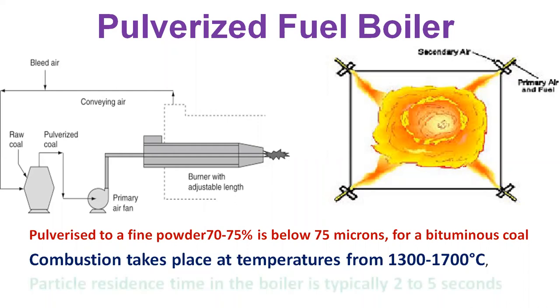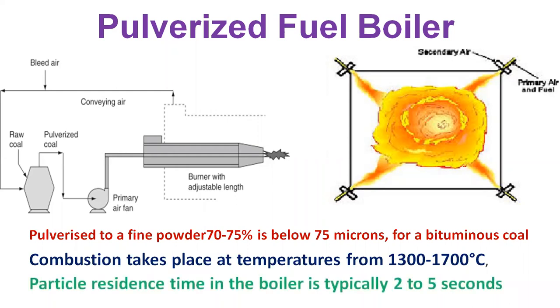unburnt losses. The pulverized coal is blown with part of the combustion air into the boiler plant through a series of burner nozzles. Secondary and tertiary air may also be added. Combustion takes place at temperatures from 1300 degrees centigrade to 1700 degrees centigrade, depending largely on coal grade. Particle residence time in the boiler is typically 2 to 5 seconds, and the particles must be small enough for complete combustion to have taken place during this time.